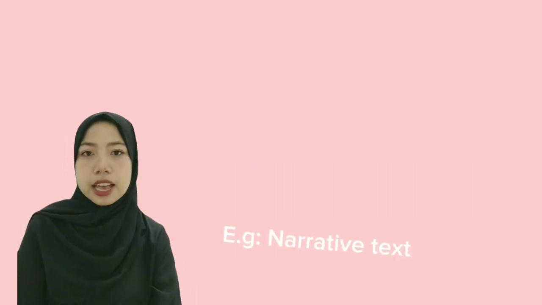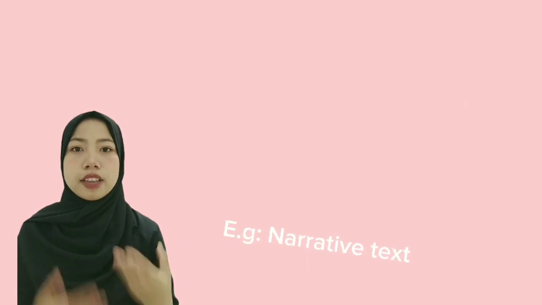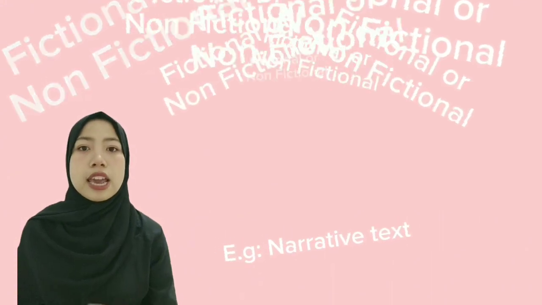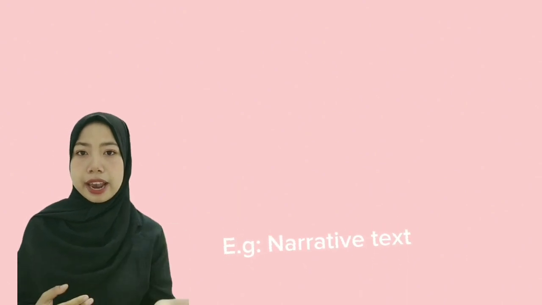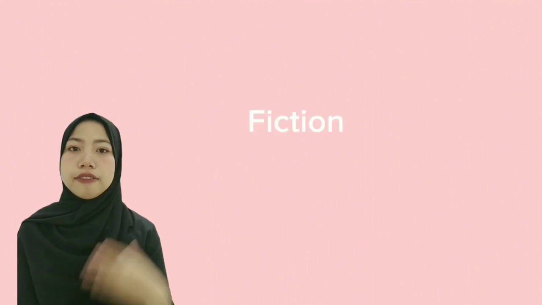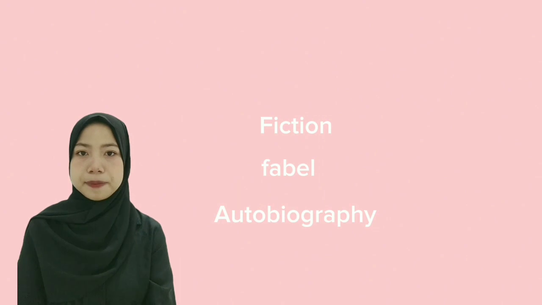For example, narrative texts portray a story or sequence of related fictional or non-fictional events involving individuals or fictional characters in the elementary grades. Narrative text can include historical fiction, fables, and autobiographies.